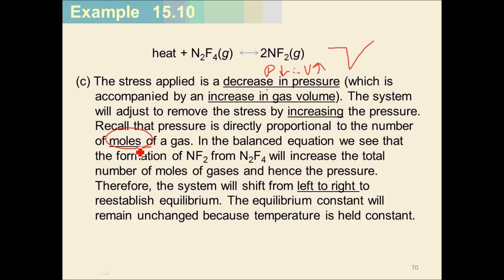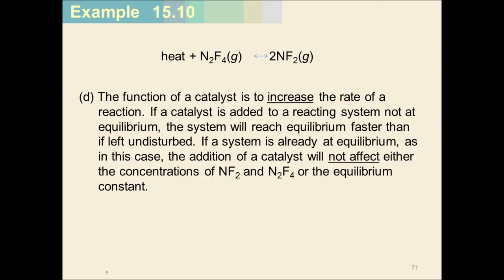So in a balanced equation, we see the formation of NF2 from N2F4 will increase the total number of moles of gas. You have 2. So that will increase the pressure. Therefore, the system will shift from left to right. You will go from left to right to reestablish this equilibrium. The equilibrium constant will remain unchanged because the temperature was held constant.